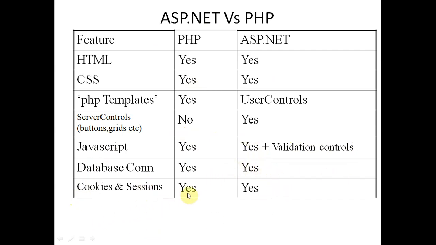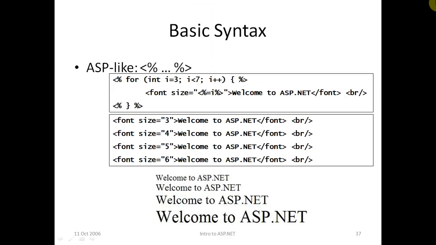Cookies and sessions both in PHP and ASP.NET. So almost ASP.NET and PHP both languages are similar. PHP is open source and ASP.NET is licensed by Microsoft. So this is the basic difference in the structure of these server side programming languages.